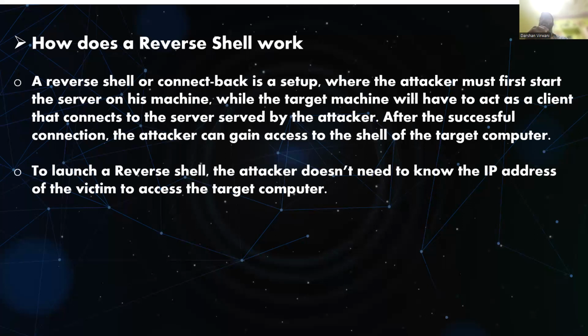How does a shell work? Suppose, for example, I shared a PDF with my friend, like some assignment we have to submit to the college. But my friend doesn't know that I have bound a payload, through which I will gain access to his shell.